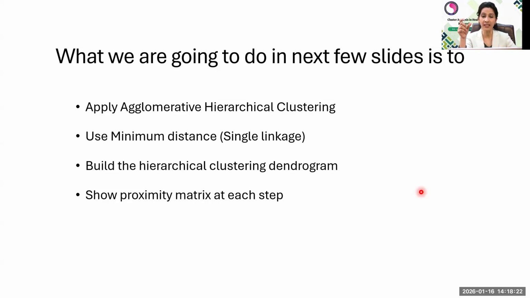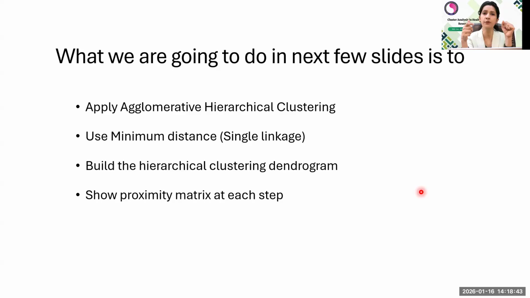In hierarchical clustering, first is how you decide about the distance, and second is how you merge those two data points. This hierarchical clustering uses the minimum distance, and this is known as the single linkage.